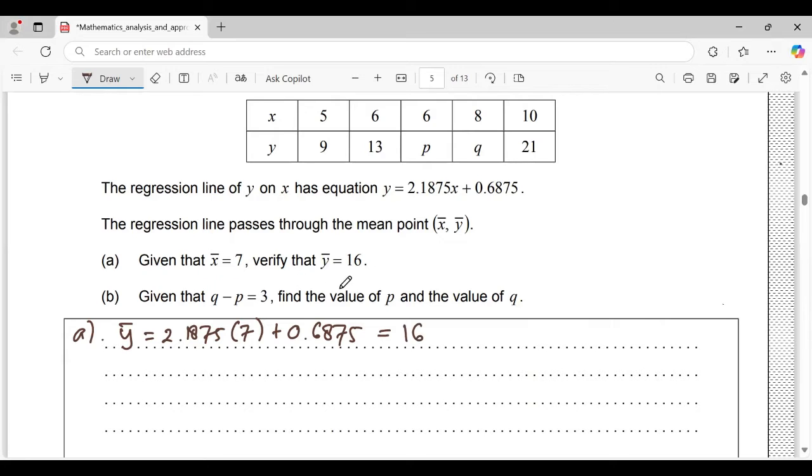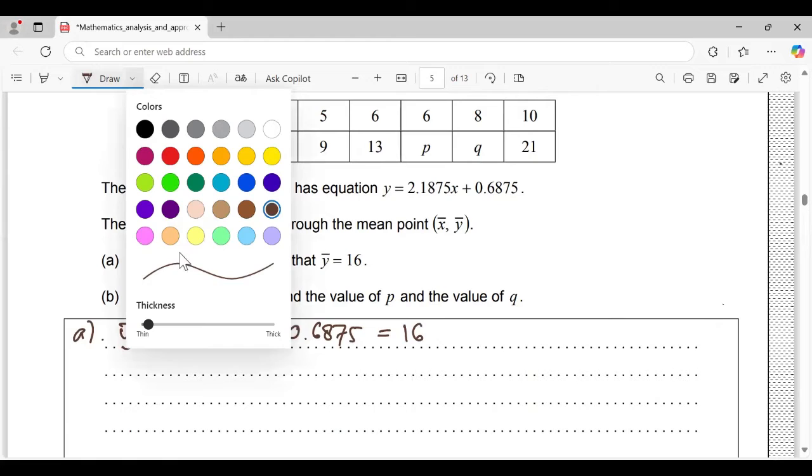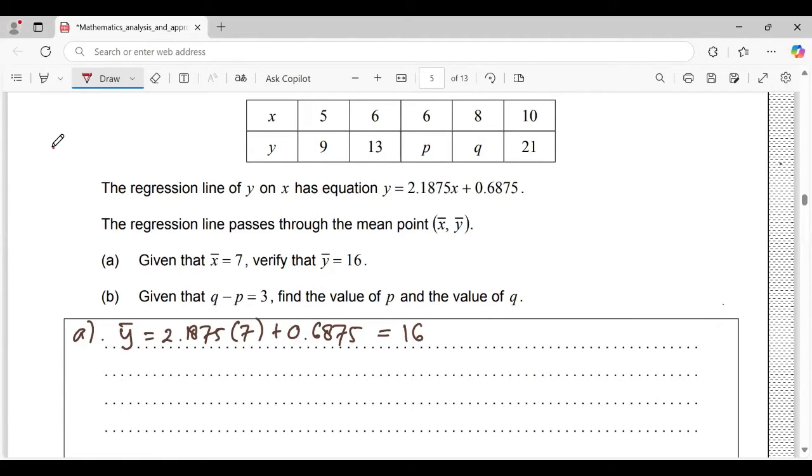So it is correct. Next, B. Given that Q minus P equals 3, this is the first equation. Find the value of P and the value of Q.